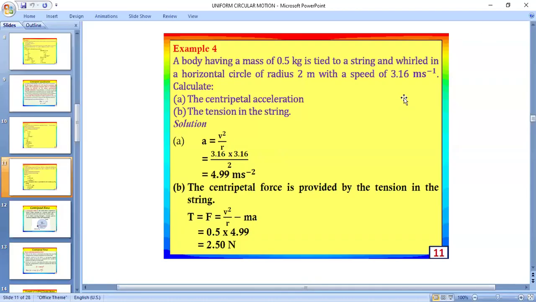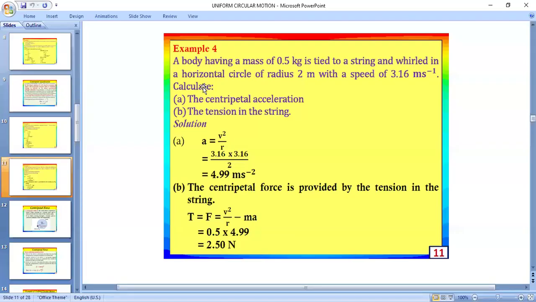So here we have the speed and we also have radius. So for part A, acceleration A is v squared over r. So substitution, we have 3.16 squared divided by radius 2.